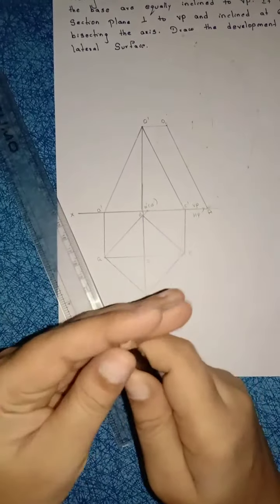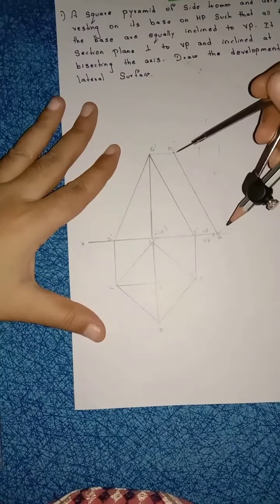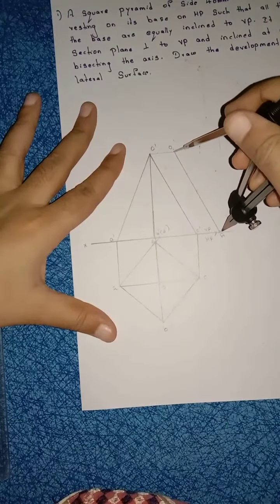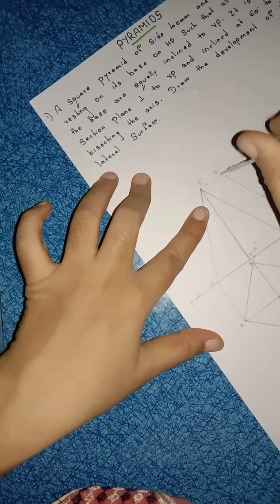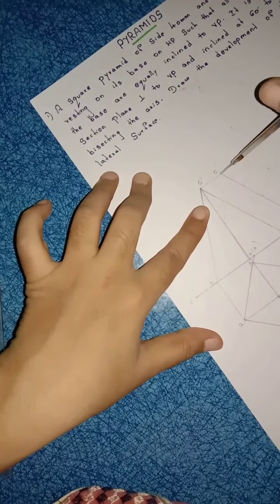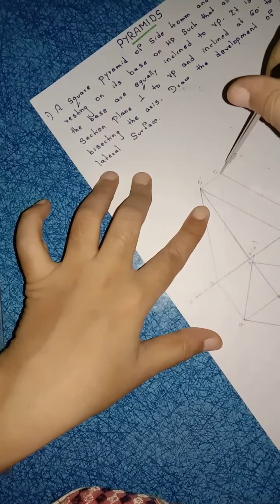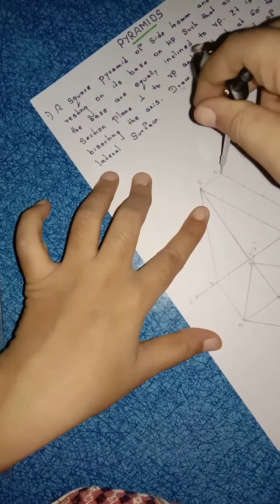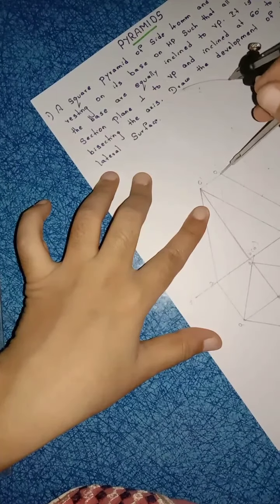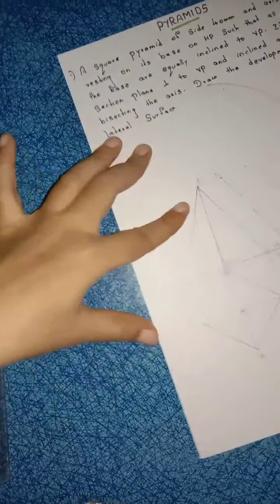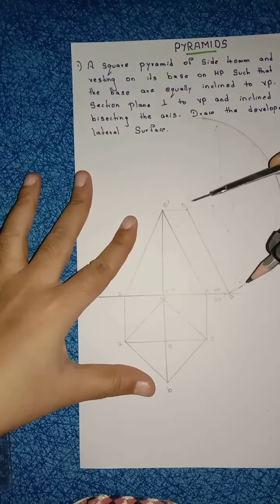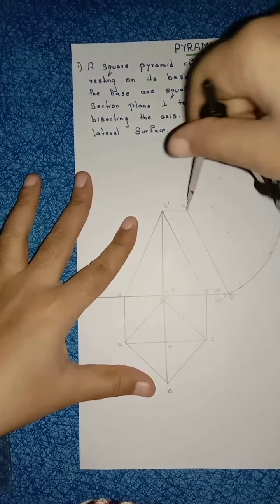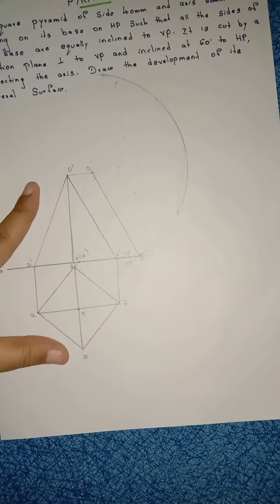So after that, now take your compass with O1 as center, O1A as radius, draw an arc of any length.